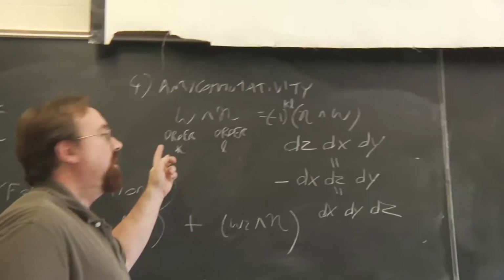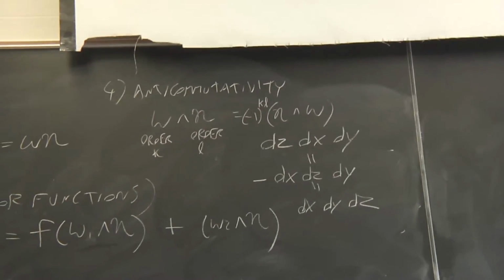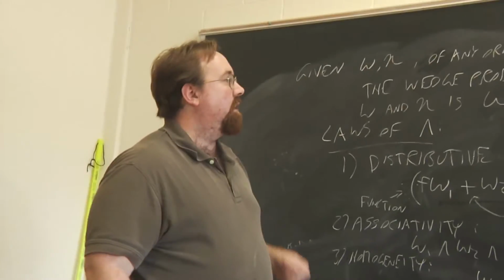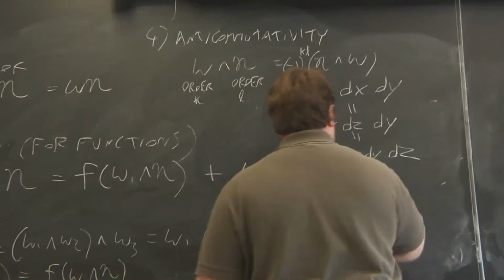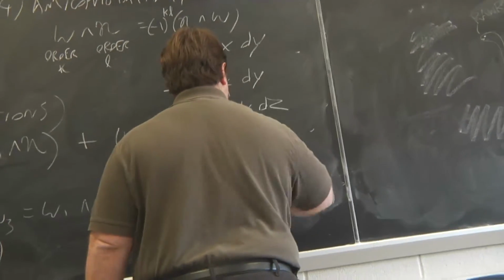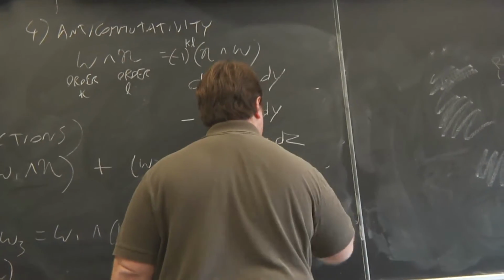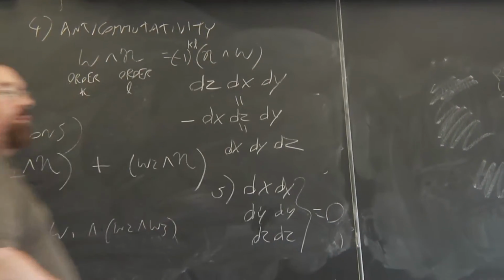Now, if one of these forms is a 0 form, it's just a function, then you have commutativity. You can put the function in wherever you want and move it around however you want. It doesn't matter. It's not going to affect anything. And another extremely important law is this: dx wedge dx, dy wedge dy, dz wedge dz, all are 0.